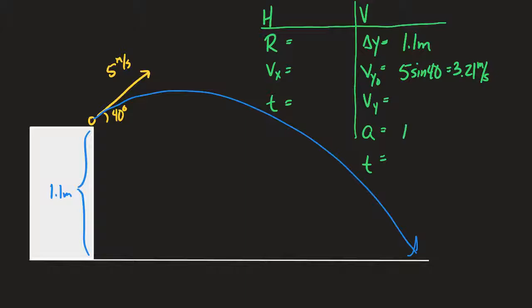It'll be accelerated by gravity at 10 meters per second squared, while traveling horizontally at a speed of 5 cosine 40 degrees, which we also know is 3.82 meters per second.